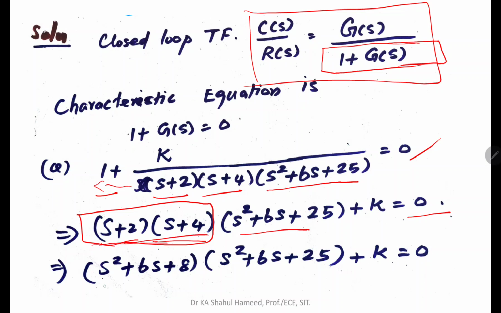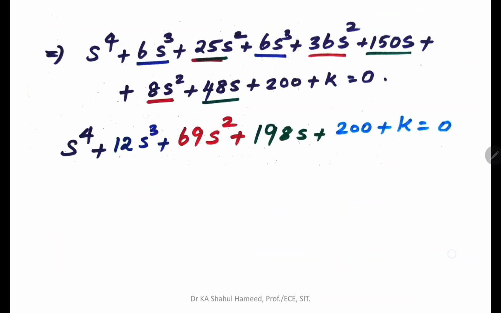I get s square plus 6s plus 8, because s into s is s square, s into 4 plus 2s is 4s plus 2s, which is 6s, and 4 into 2 is 8. So s square plus 6s plus 8, and then I multiply this term with the other term, plus K equal to 0.